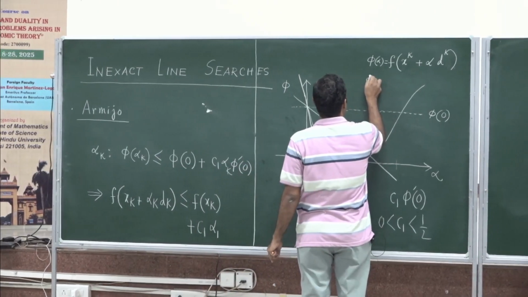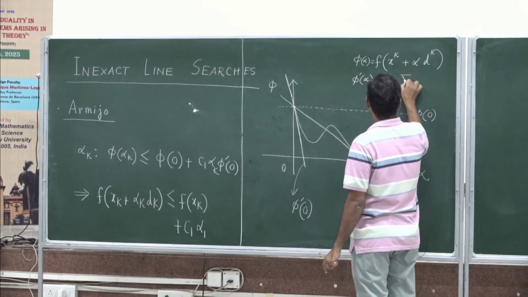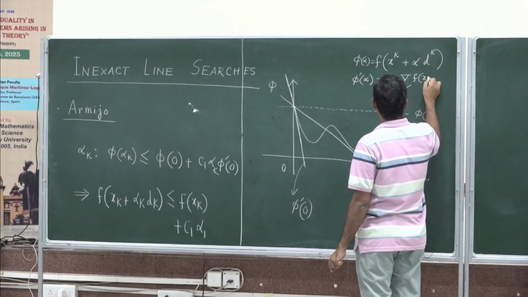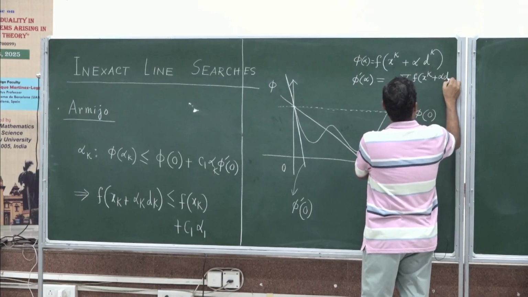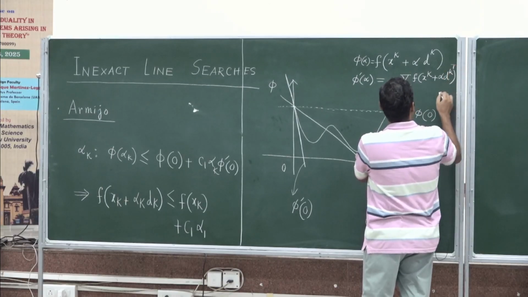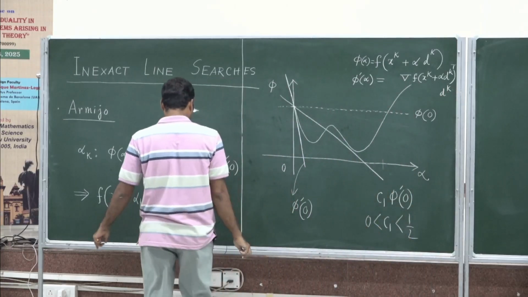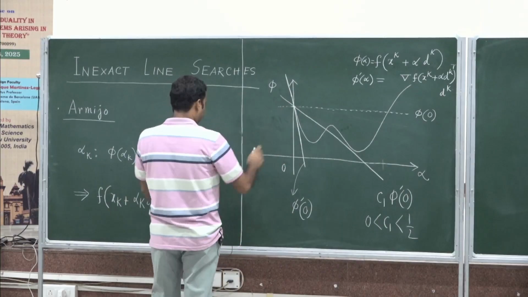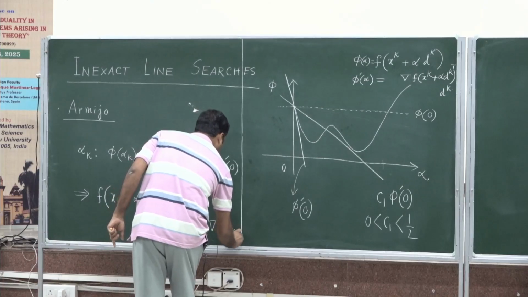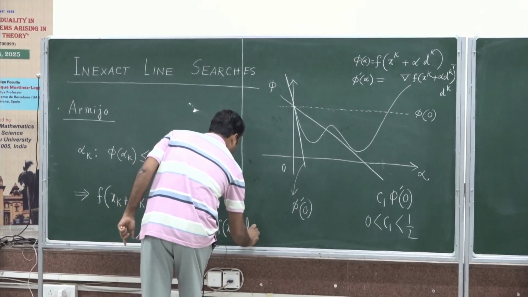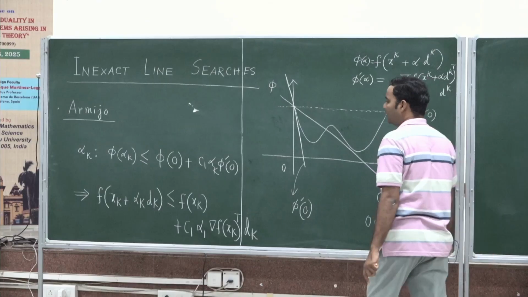If I consider phi dash alpha, by the chain rule we can quickly figure out this is gradient f of xk plus alpha dk transpose dk. So phi dash 0 will be gradient f of xk transpose dk.